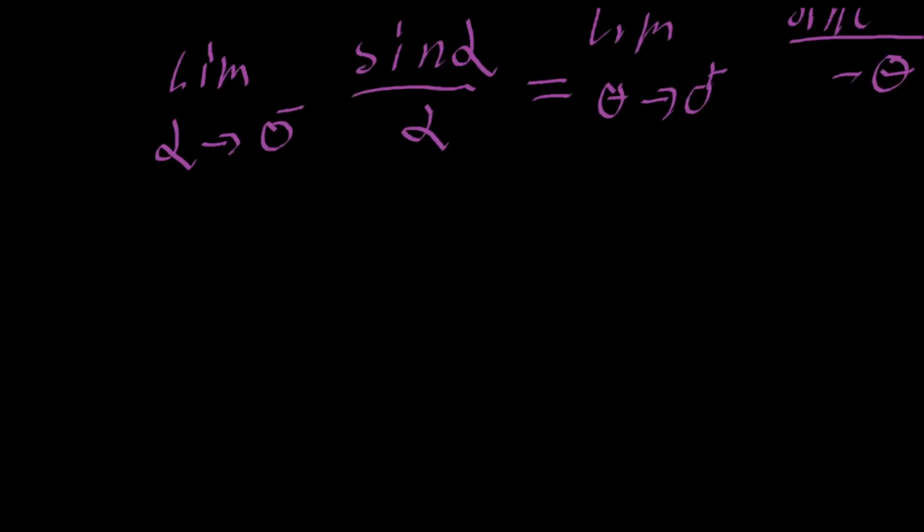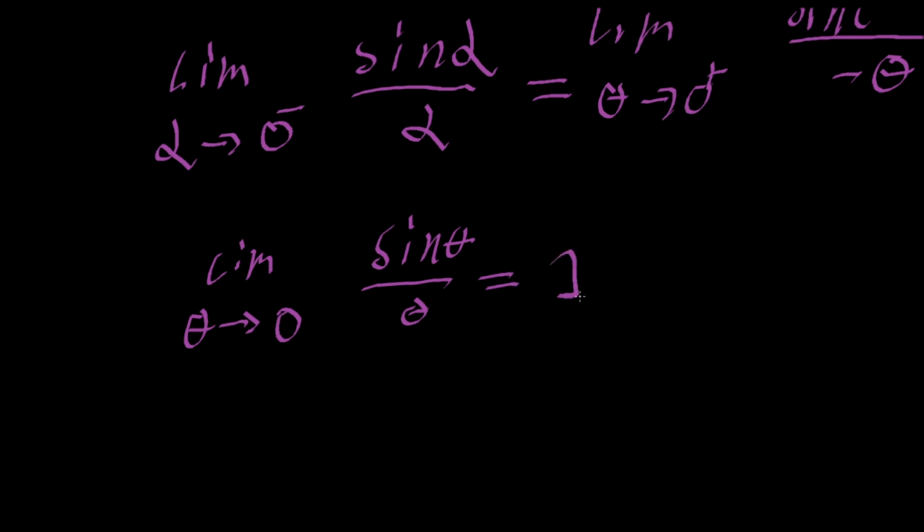So therefore, we can conclude that the limit as theta is approaching 0, it doesn't matter if you're approaching it from 0 plus or 0 minus, of sine of theta over theta is equal to 1.